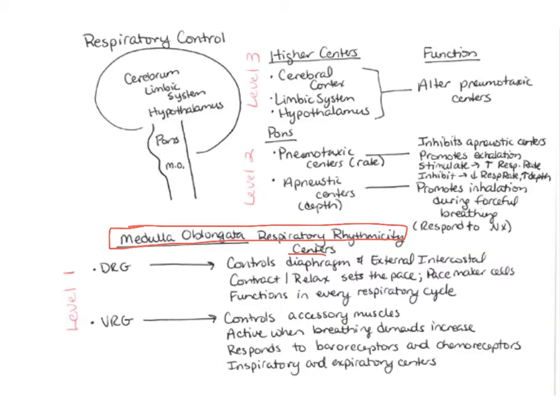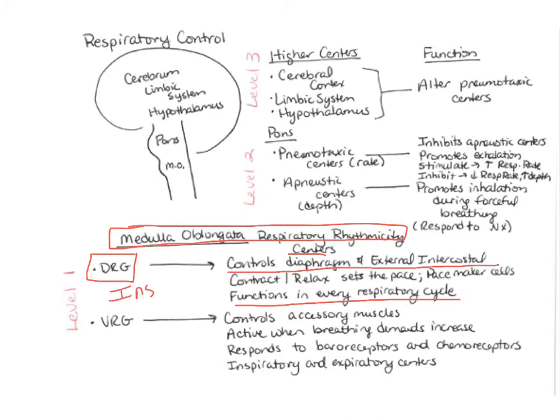So we've got the primary muscles, which are the diaphragm and the external intercostals, and then we have the accessory muscles. These centers are controlling the muscles. Let's first talk about the dorsal respiratory group. It controls the diaphragm and the external intercostal muscles. It functions in every respiratory cycle as the inspiratory center.